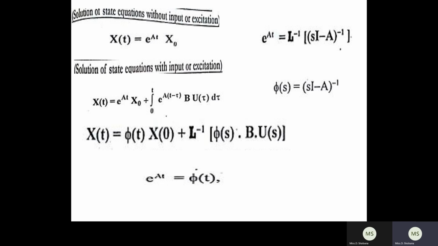So here we have the state equations: x dot is equal to A x plus B u, y is equal to C x plus D u. So this will be the state equation. This state equation can be transformed into z dot, where A becomes the A vector, and B becomes the B vector, and similarly Y is equal to C vector into z plus D into u. D will be 0, so you can drop that term.